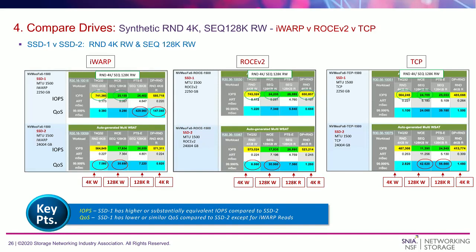And then you can see that the response times were only 0.38 milliseconds compared to 7.5 milliseconds. So a huge difference. In some cases, they're substantially similar, like the 128K read and the 128K write, 26,000 IOPs. And then you compare between RoCE and iWARP, they're substantially the same, and TCP is lower.